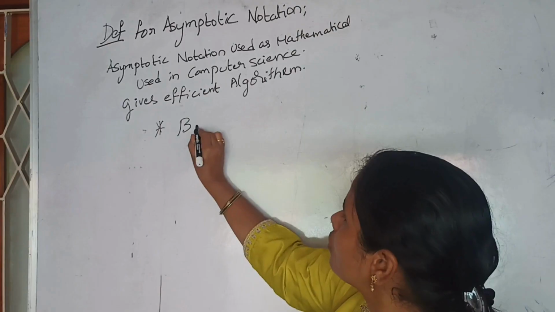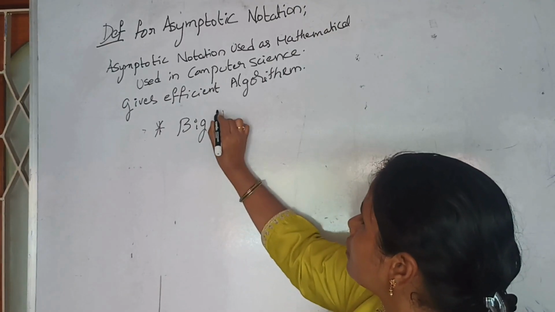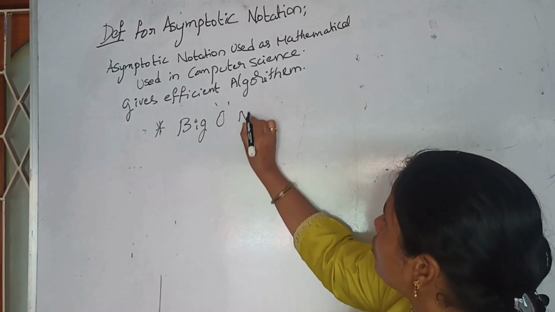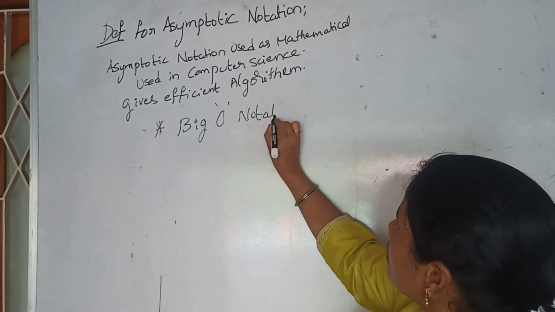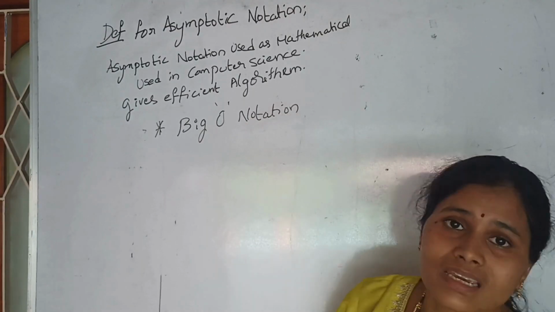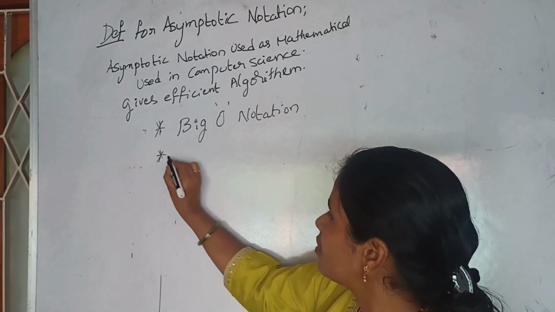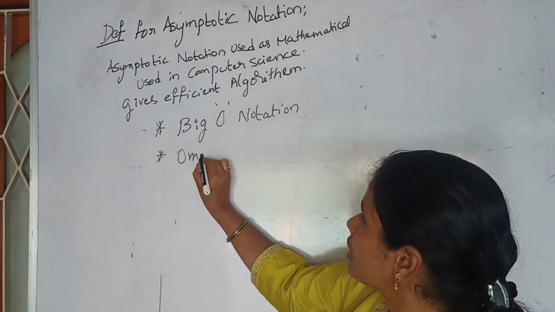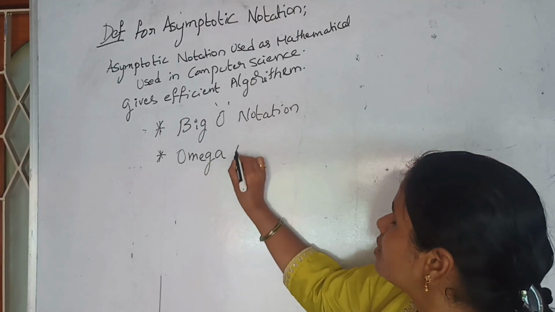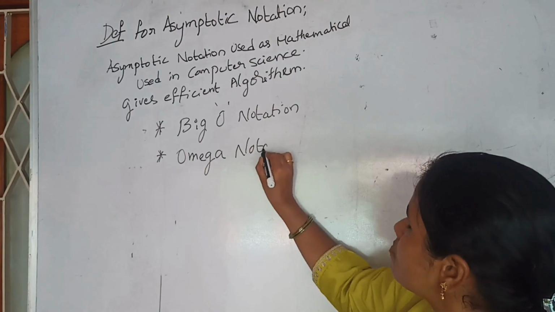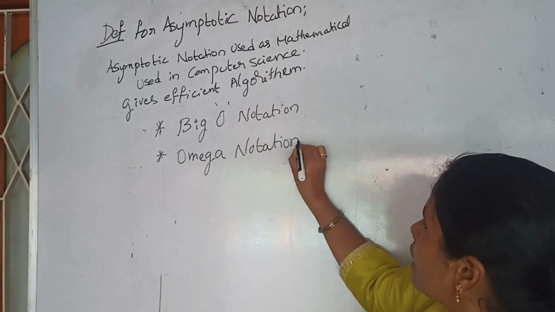The second one is omega notation, which is used with a symbol called omega.